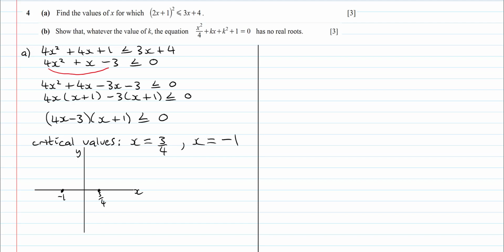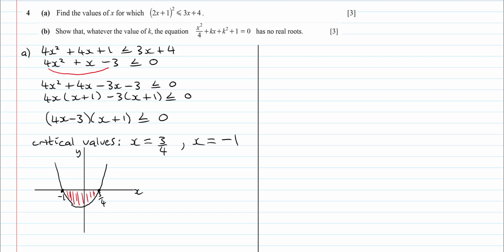Now it doesn't have to be a super accurate sketch. It's just to give us an idea of when the graph is going to be less than or equal to 0. So it's a positive shaped parabola. It's going to come down and then come back up and cut our x-axis again at 3 over 4. So it's less than or equal to 0 in this region here.